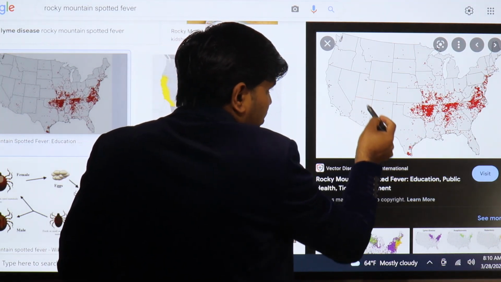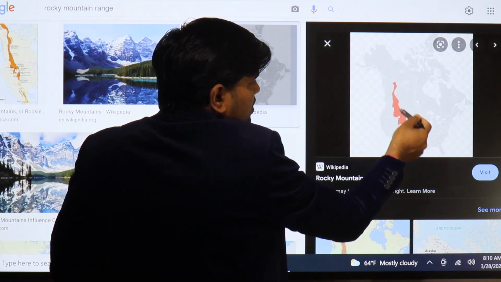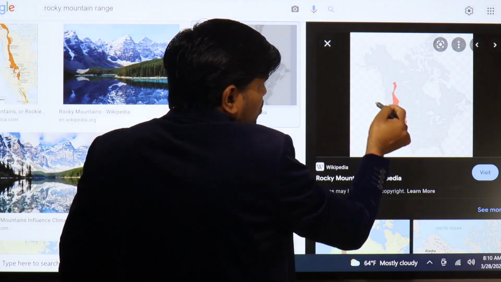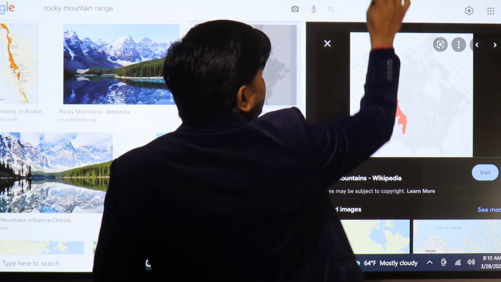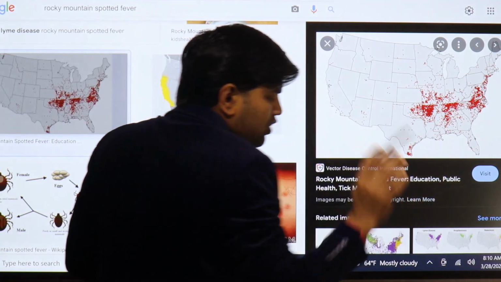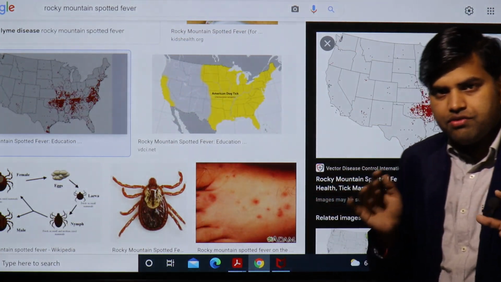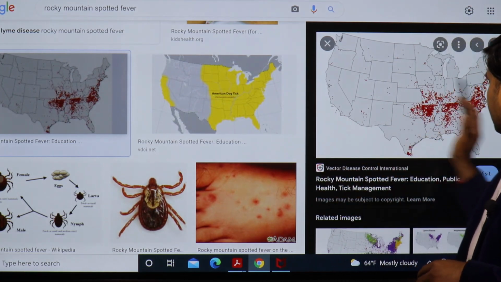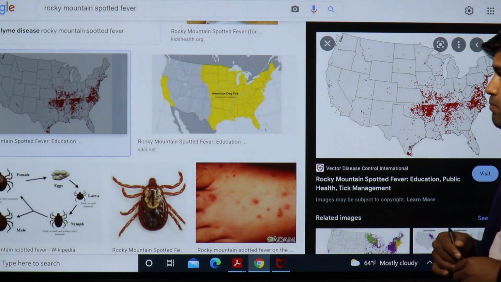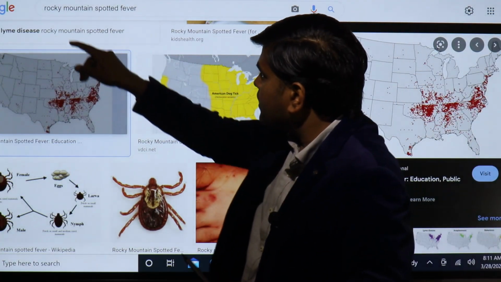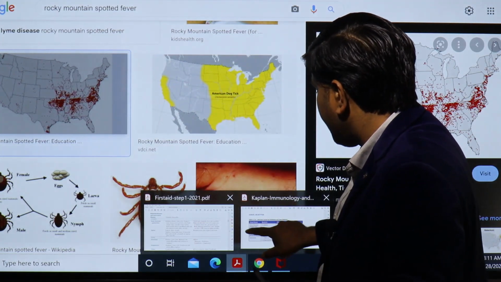You should not be confused by the name. They are actually prevalent in the east and southern part of the United States of America, that you have to understand. Now let's go to some of the images, then you will understand.